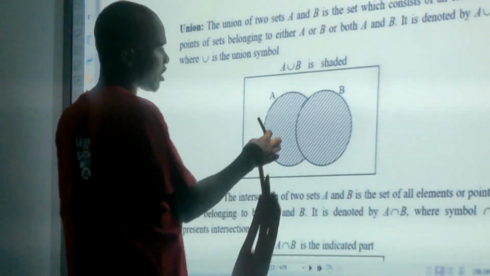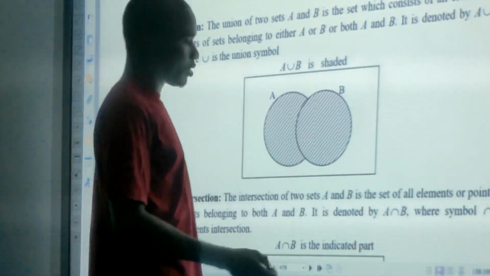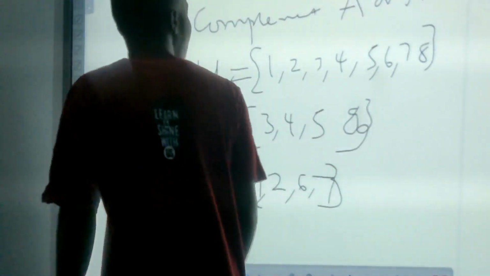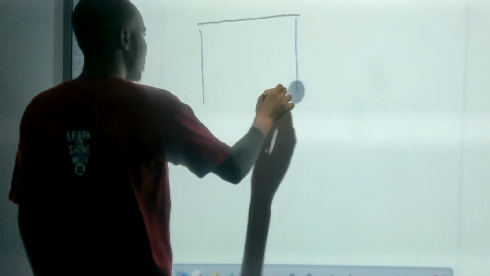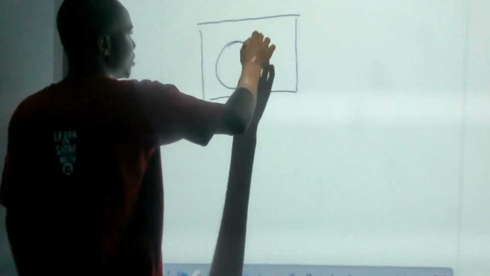So this is set A, this is set B. Maybe we can use our display and show that to you. So we have a Venn diagram and two sets defined already.